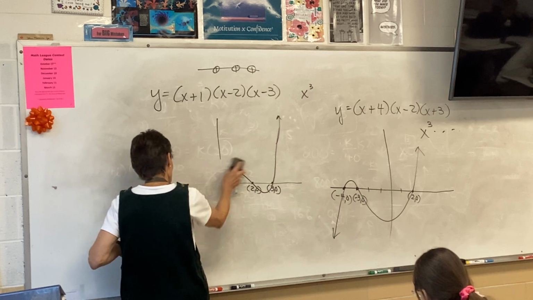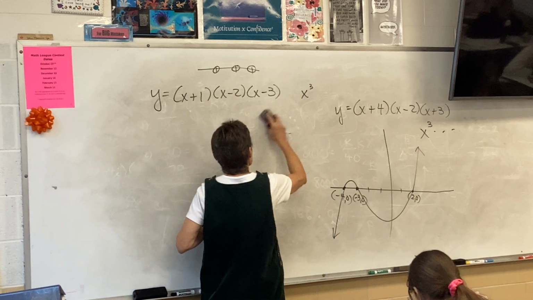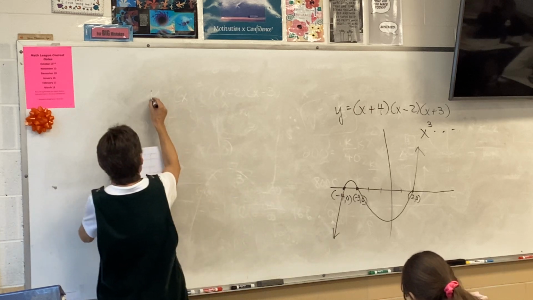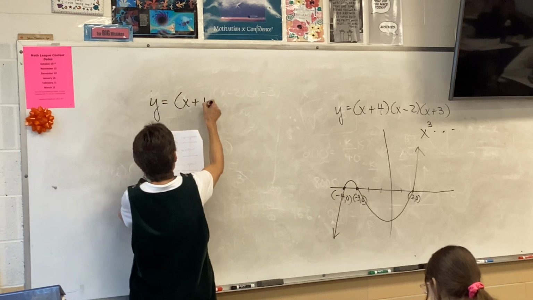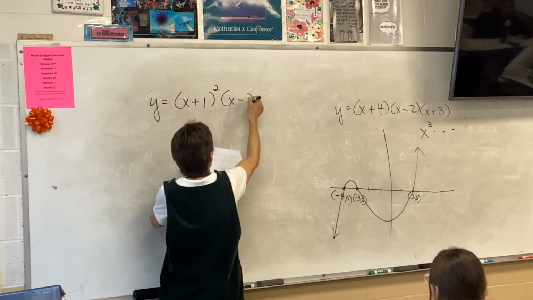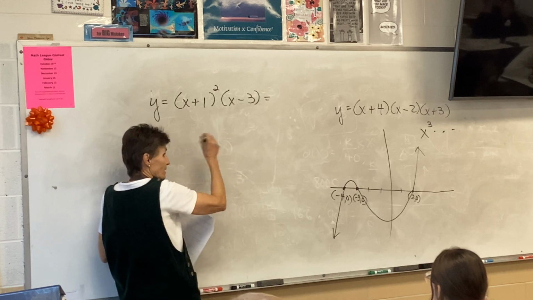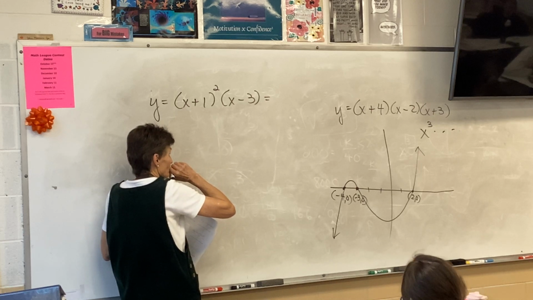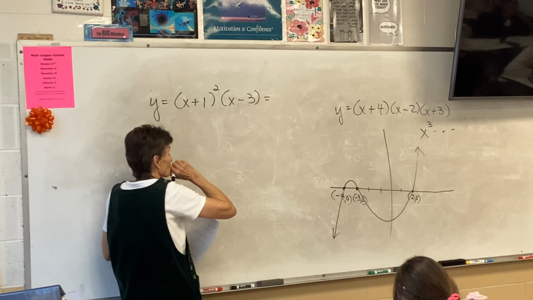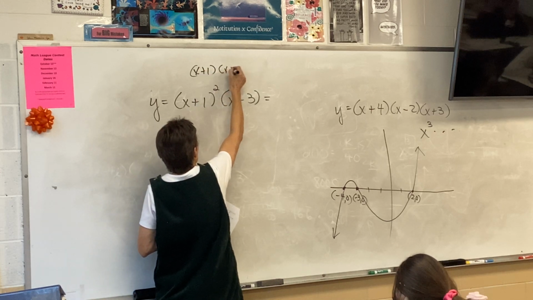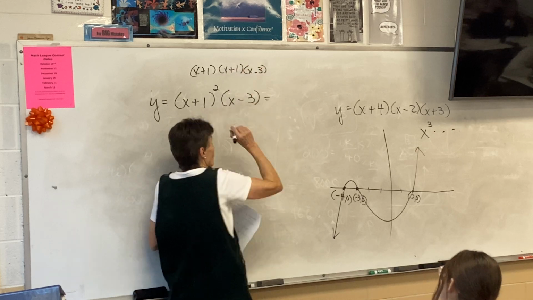Problem C has some similarities. If I FOIL this out, multiplied it all out, what would I have? X to what power? Kids, if you multiplied x plus 1 and x minus 3, what would you have?